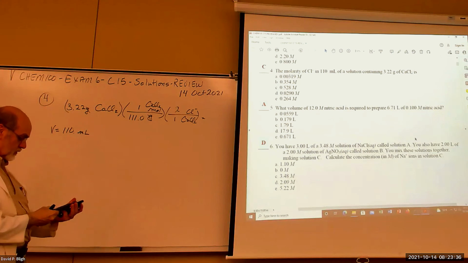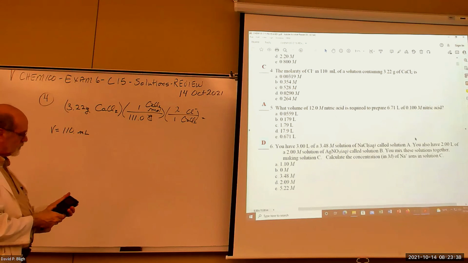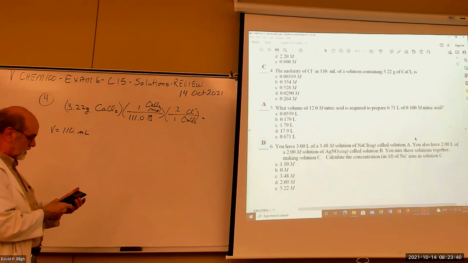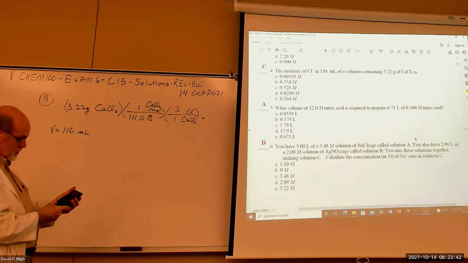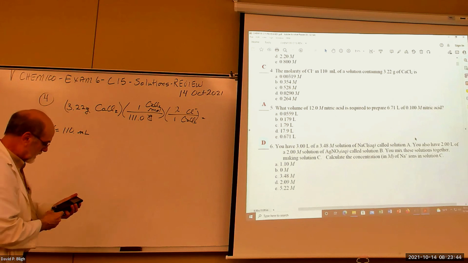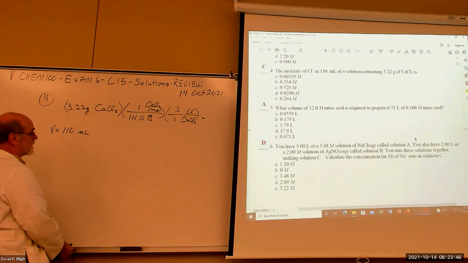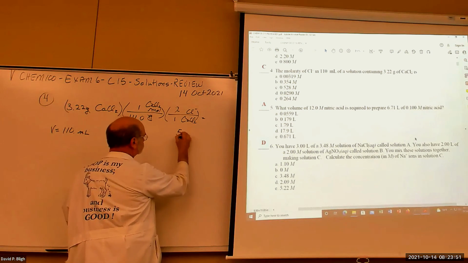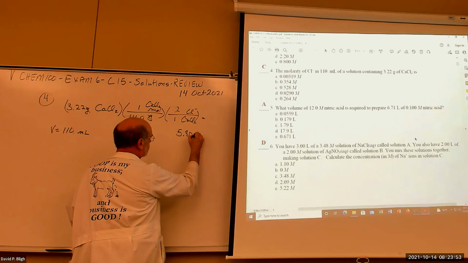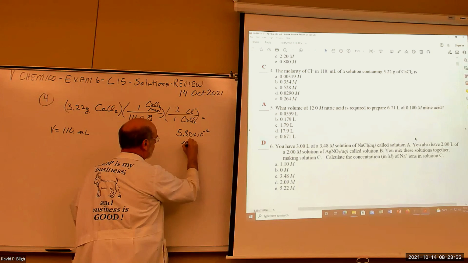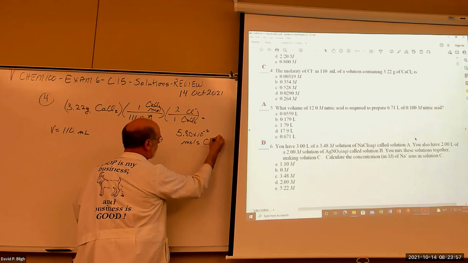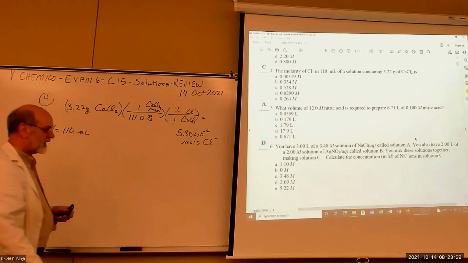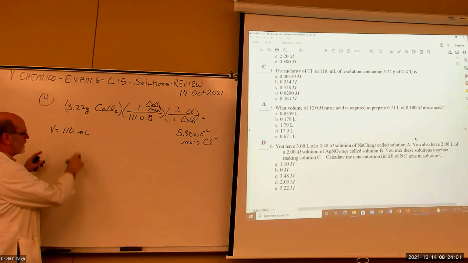Just crunch a few numbers. 3.22 divided by 111 times 2. And I get 5.80 times 10 to the minus 2 moles of chloride ions. Now we can do our calculation.